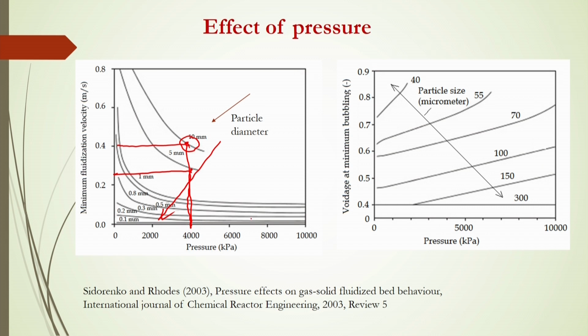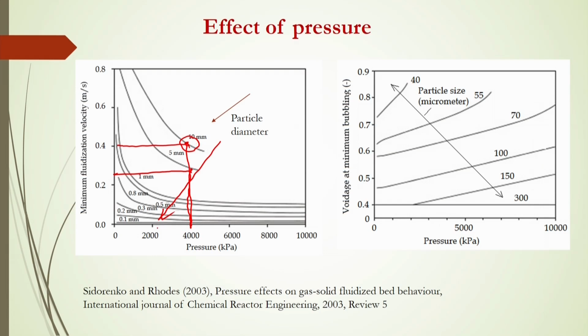Whereas, at higher pressure it is seen that at any particular particle diameter there will be no significant change of minimum fluidization velocity. But for lower pressure it is seen that there will be a significant change of minimum fluidization velocity as per particle size. In this case, why? For lower pressure you will see there will be other factors, of course, the velocity of the fluid. If you change the velocity accordingly, you will see there will be a change of pressure drop.